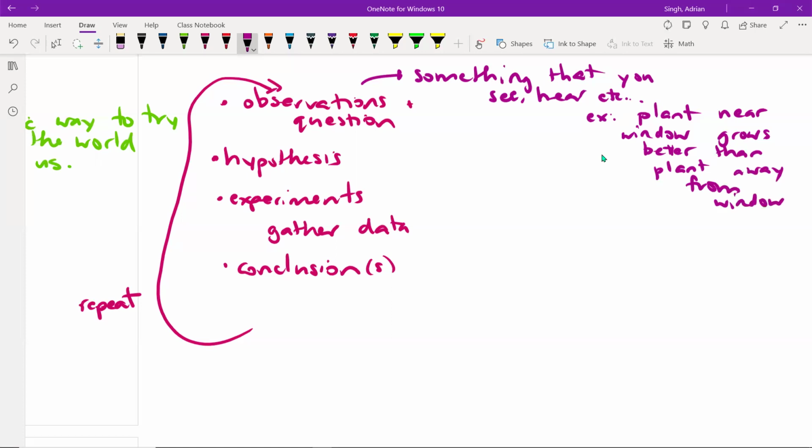So that's an observation, right? You see that, you observe that. And then we can formulate a question to try to think about now, well, how can we understand what's happening? So a question could be, why does the plant near the window grow better?